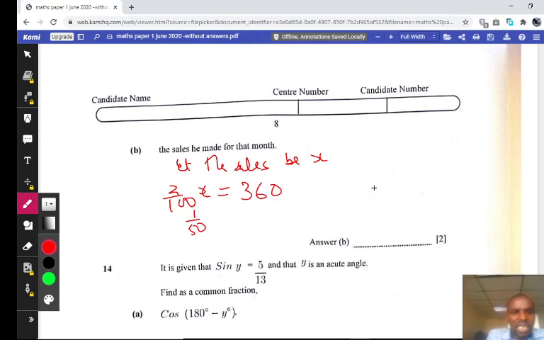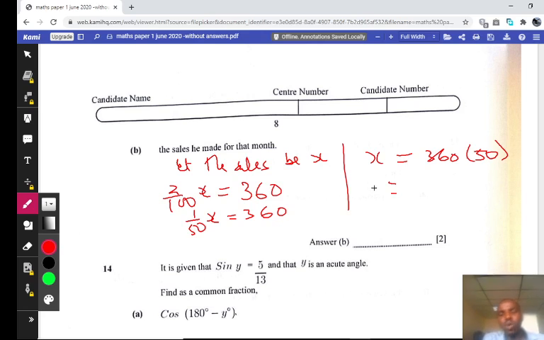You can simplify, 1 over 50 of X is equal to 360. Let's simplify this one further. If you cross multiply, you get X is equal to 360 times 50.